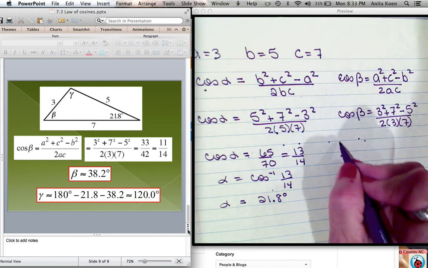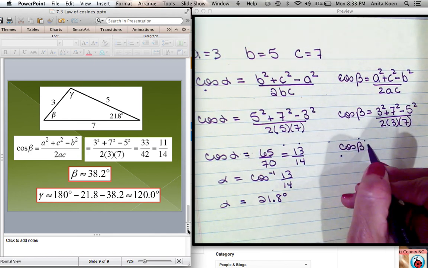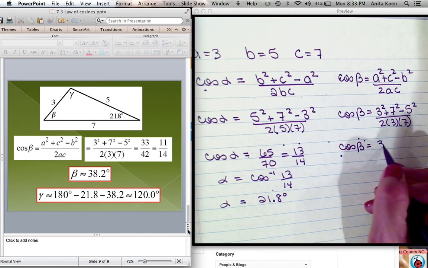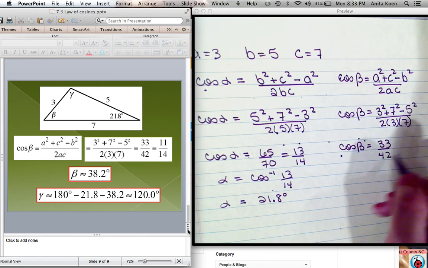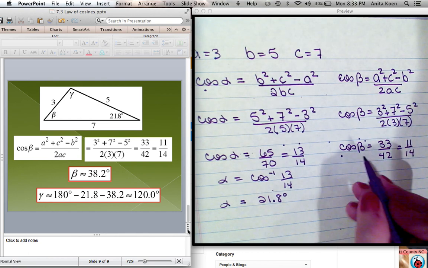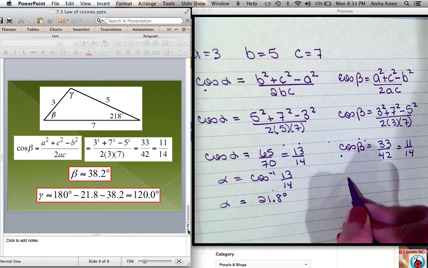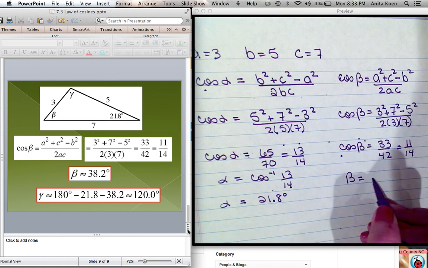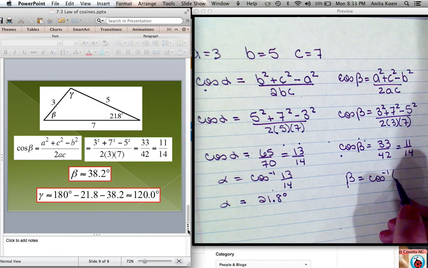And when we multiply that out, we find that the cosine of beta is going to equal 33 over 42, which reduces to 11 over 14. And then we're going to take the cosine inverse to find beta. Beta is equal to the cosine inverse of 11/14.